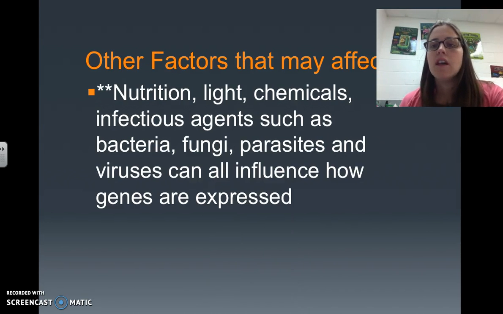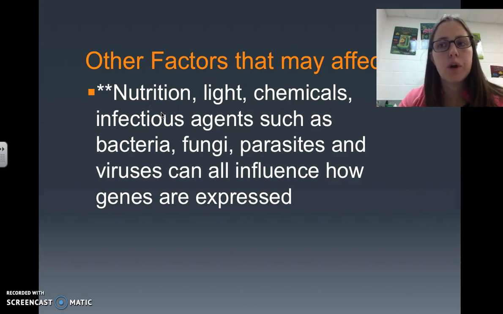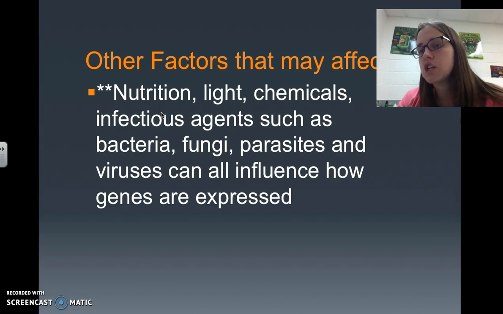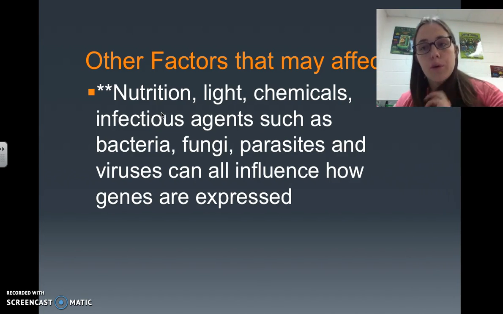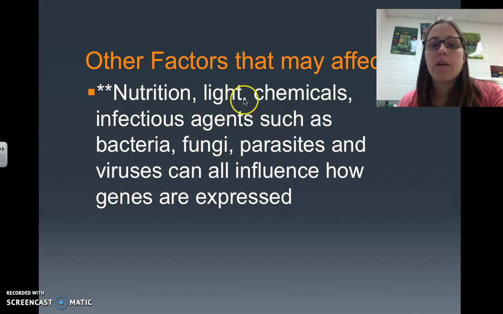Now there are other factors that can affect a phenotype. Sometimes nutrition. Obviously, if you don't have very good nutrition, you're not going to grow as tall as you possibly could have. All the genes do is tell you how tall you should be. All the rest of the factors, the environmental factors you surround yourself with, will actually determine how tall you're going to be. So nutrition, light, chemicals that you're exposed to, infectious agents. Sometimes if you get a bacterial infection or fungal infection or parasites or viruses, they can influence how your genes are expressed.